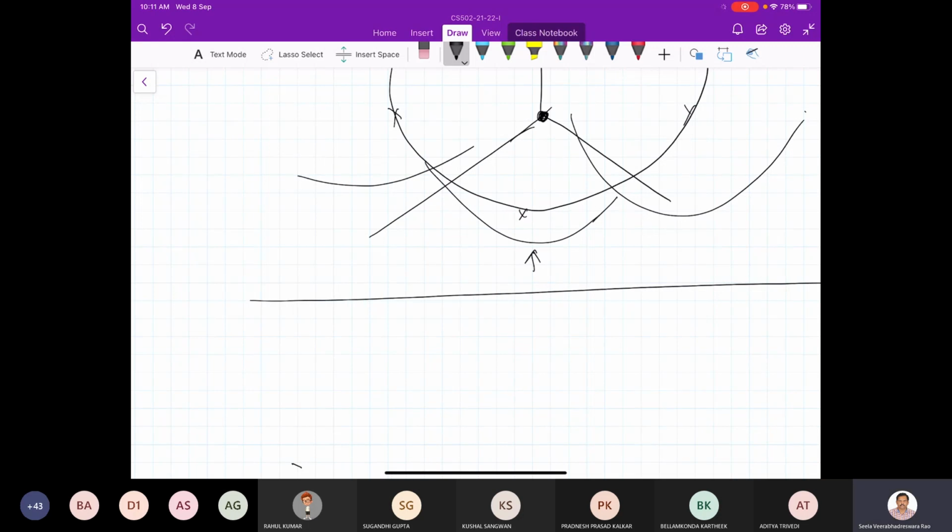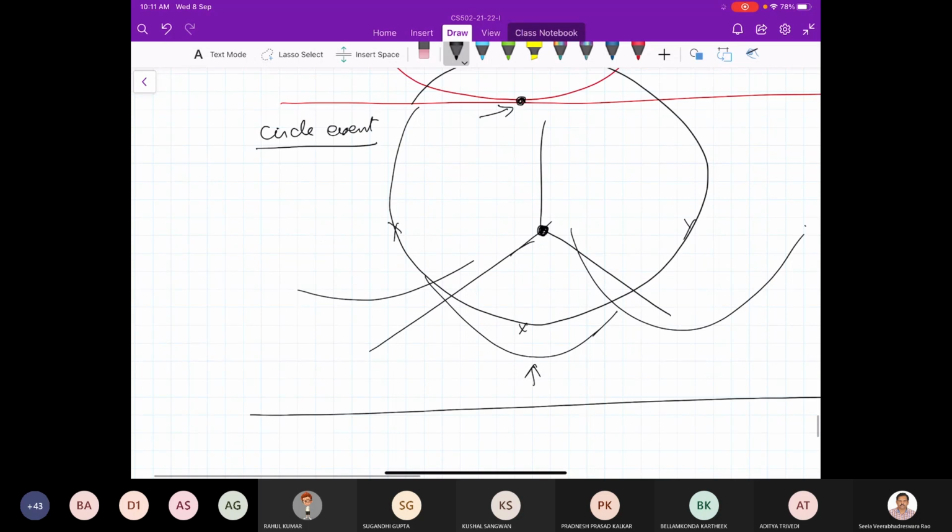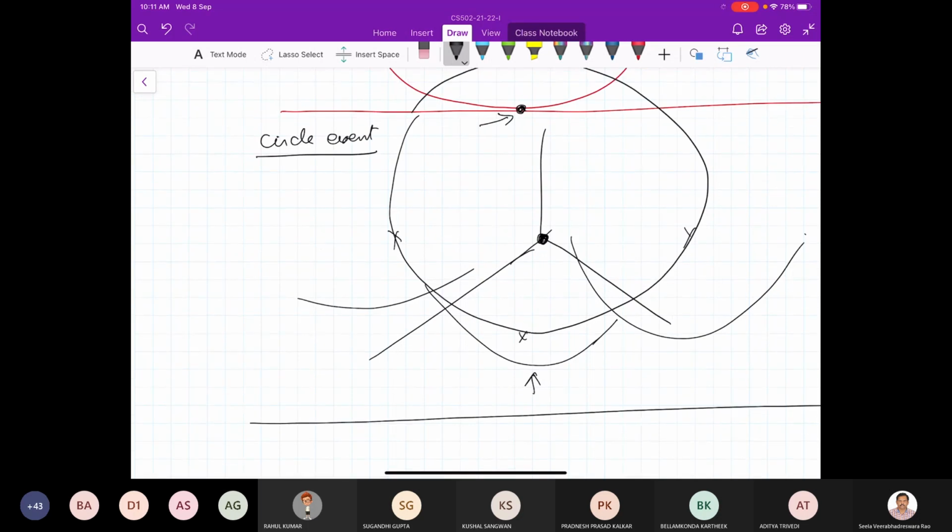Here, if you look at these three parabolas, do they define a circle event or not?